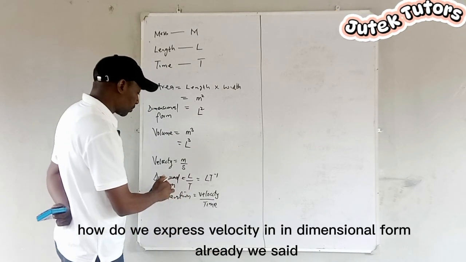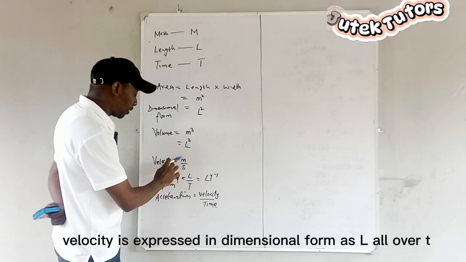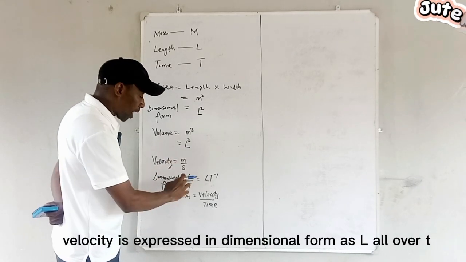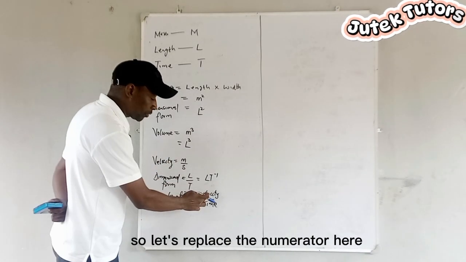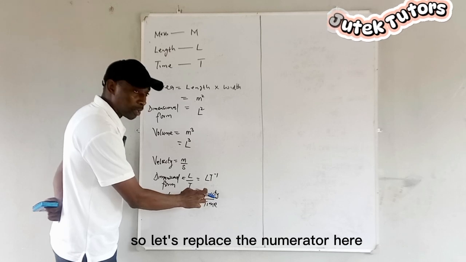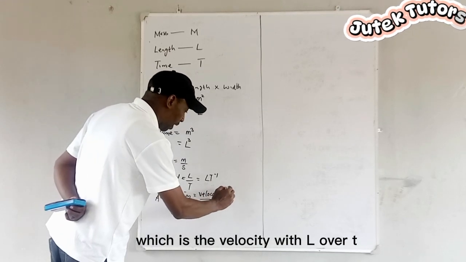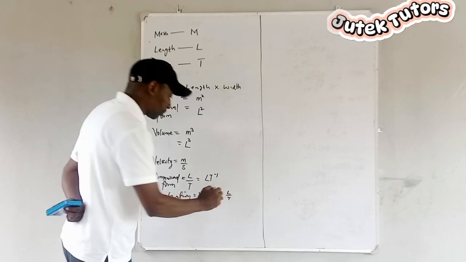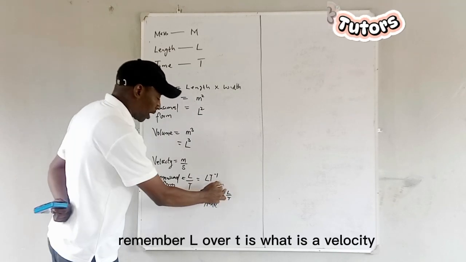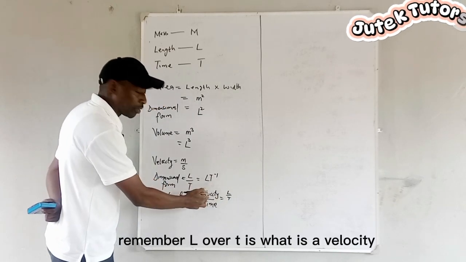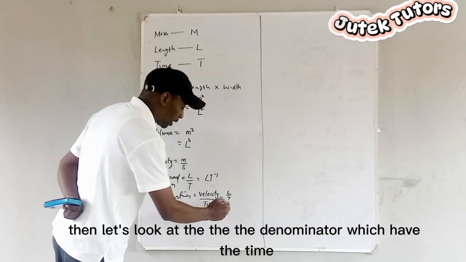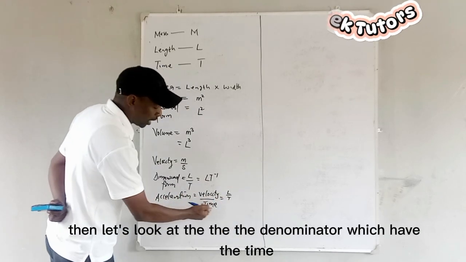Already we said velocity is expressed in dimensional form as L all over T. So let's replace the numerator, which is the velocity, with L over T. Remember, L over T is the velocity. Then let's look at the denominator, which has the time.